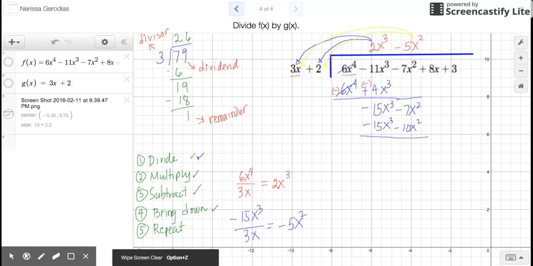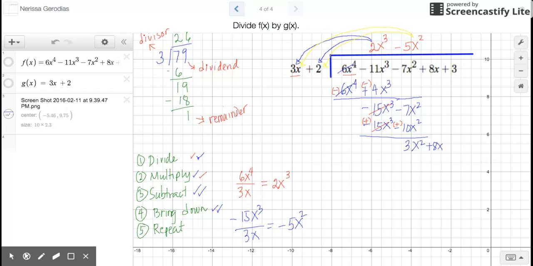So I'm done multiplying. Now we are going to subtract, but to subtract is the same as to add the opposite. So add the opposite. So this becomes 0, and negative 7x squared plus 10x squared gives us 3x squared. Now I'm done subtracting. We will now bring down the next term, which is positive 8x.